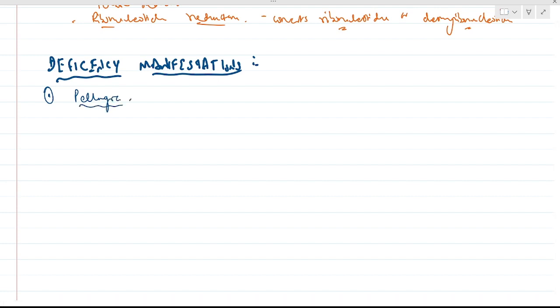In pellagra, the early symptoms are vague. They are very minutely identifiable symptoms. We generally have cutaneous manifestations.